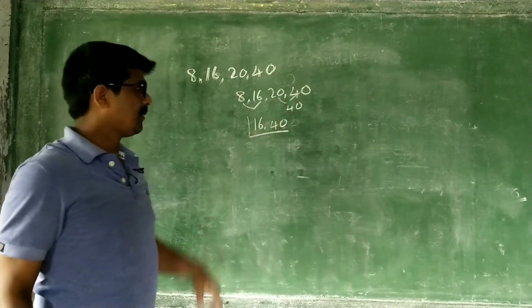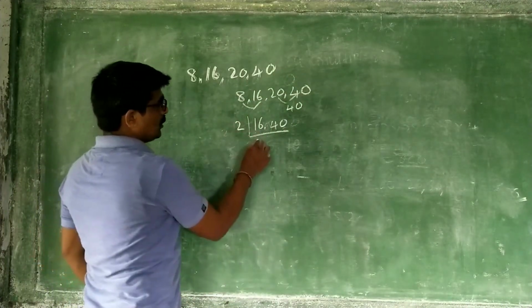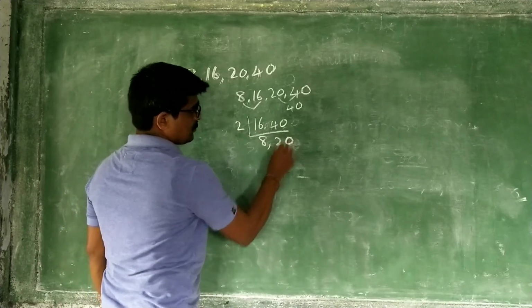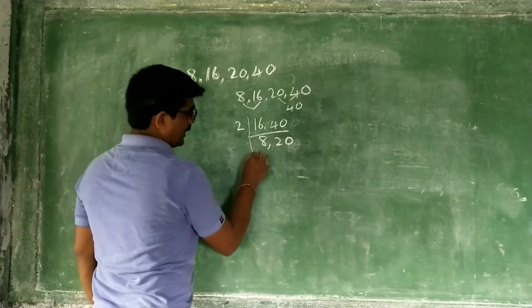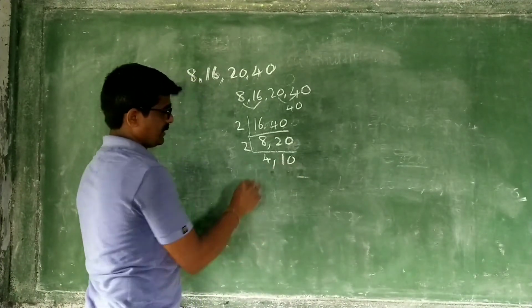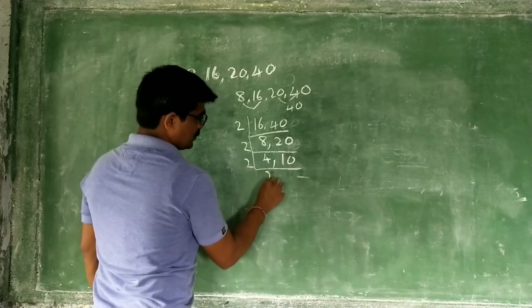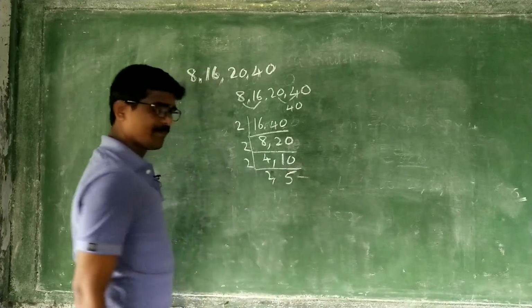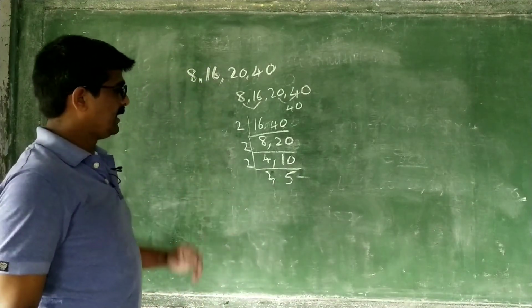Now we have to find the LCM. I am taking 2: 2 8s are 16, 20. Again 2: 2 4s are 8, 2 10s are 20. Next again 2: 2 2s are 4, 2 5s are 10. Now I am finding the LCM.